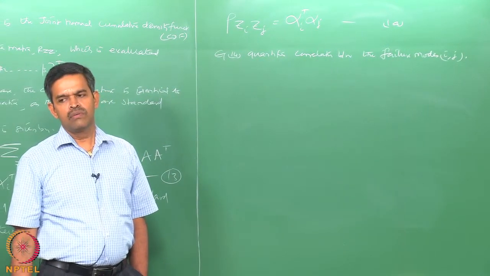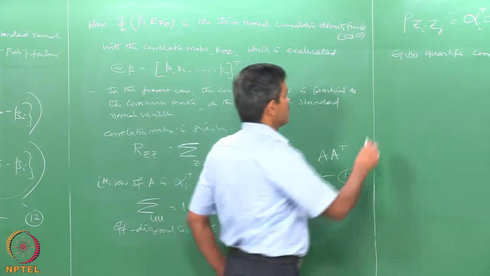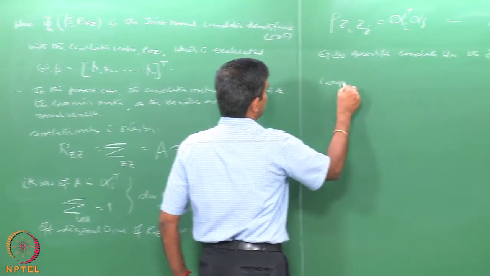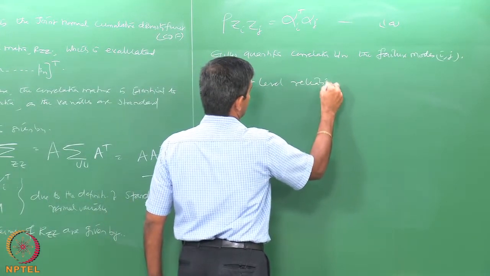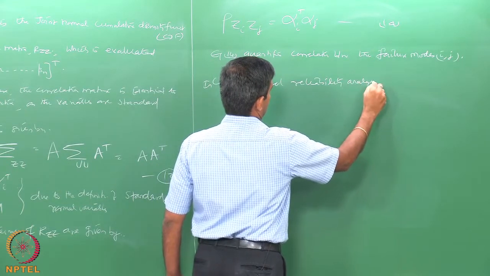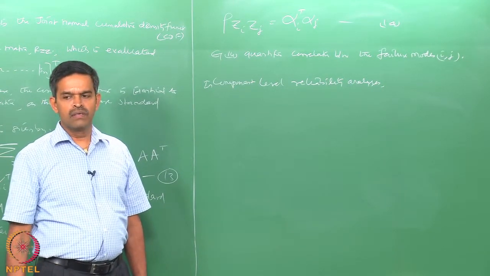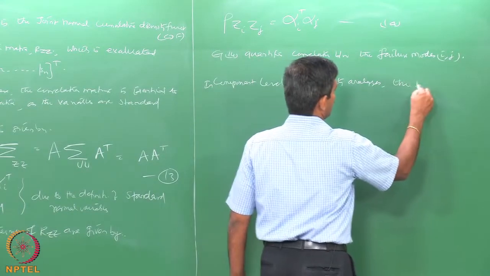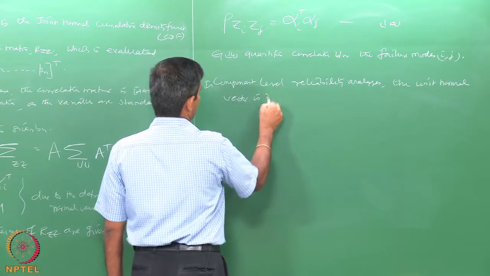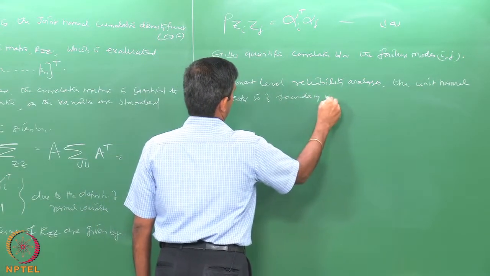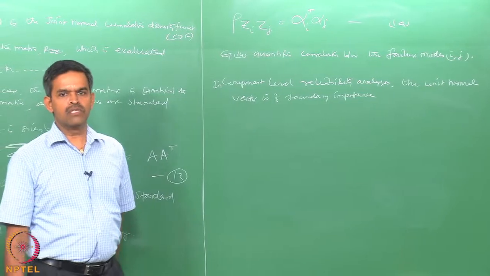Now, also friends, please understand, unlike the reliability analysis at component level, in component level reliability analysis, the unit normal vector is of secondary importance due to the rotational symmetry of the normal space.